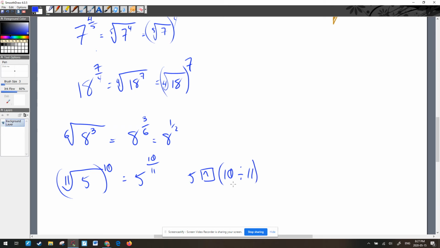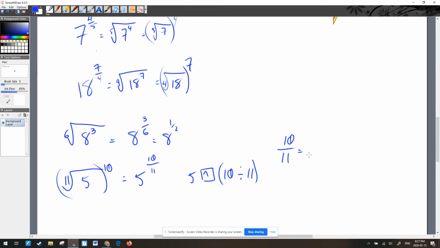Now, you're like, well, I don't have brackets, Galbraith, and it's like, that's going to be a little bit more challenging. If you didn't have brackets, what you would need to do is as follows. This is only for the kids who don't have brackets on their calculator, and their calculator is a direct entry thing. So you would have to do 10 divided by 11 and hit equals, and it would give you a number. It's going to be a decimal, like 0.9 something, like 919 or something like that.